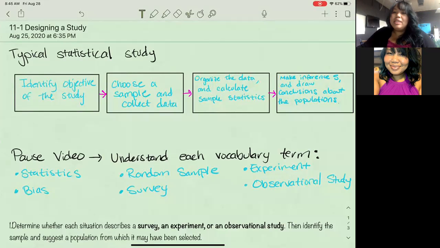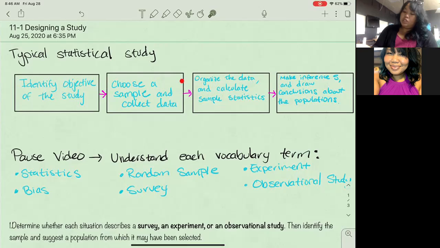In all stat studies, this is kind of the basic foundation of how things are done and decided. The very, very basic. So first, you're going to identify the objective of the study. You can't just start randomly surveying people, randomly observing people. You need to have a purpose.